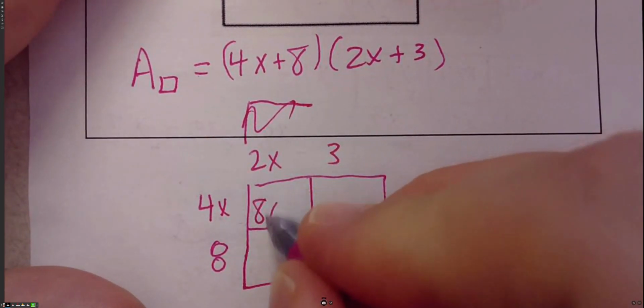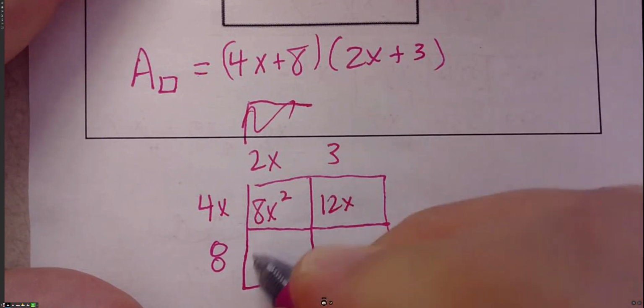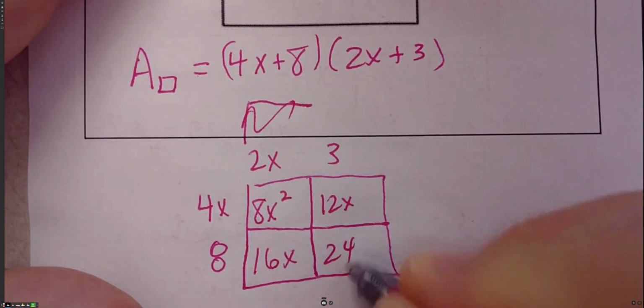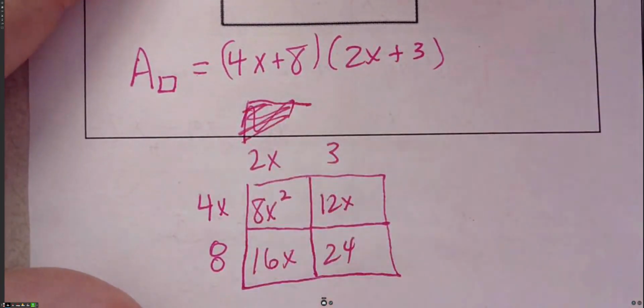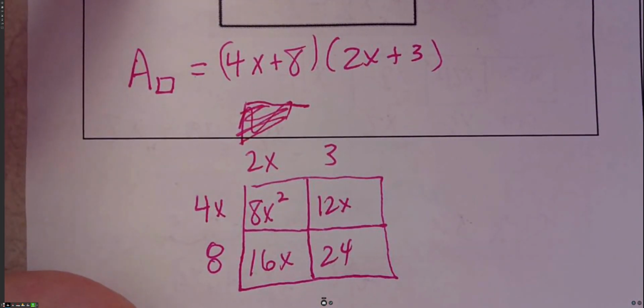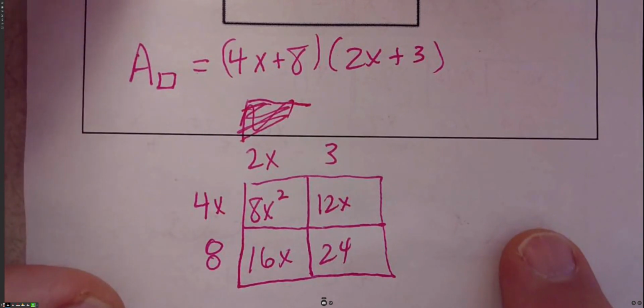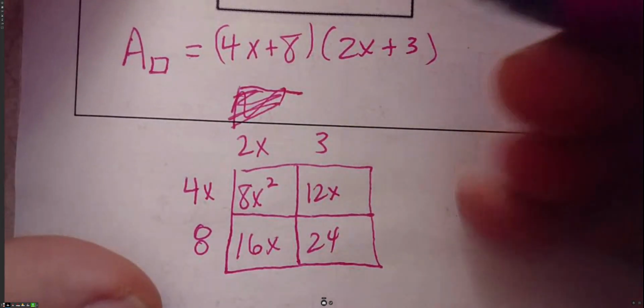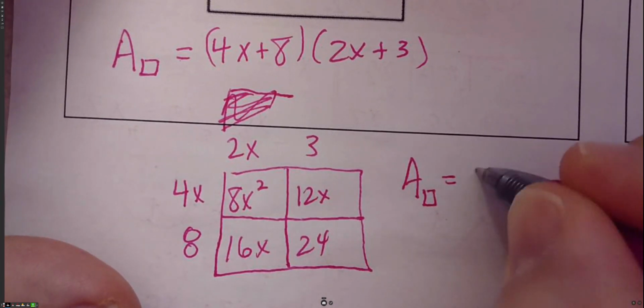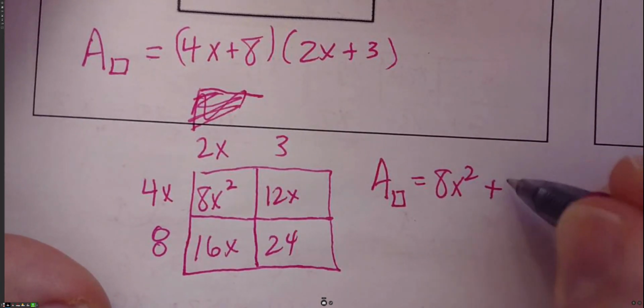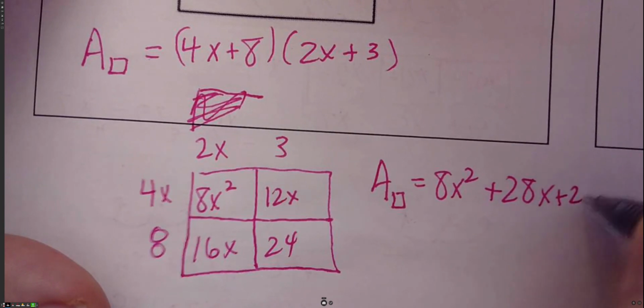So then we get 8x squared, 12x, 16x, 24. I think with the box method, you're less likely to make mistakes. It's just a little bit more writing and really not much. My area answer then is 8x squared plus 28x plus 24.